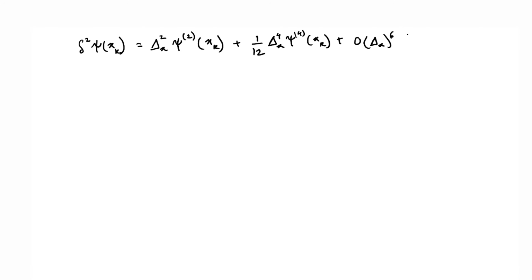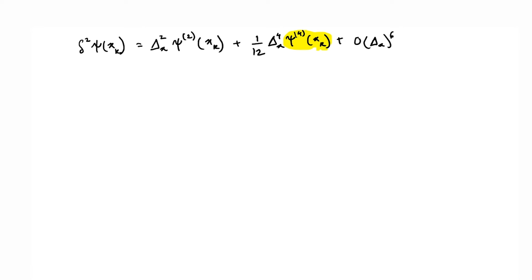Now, if you look at these expressions, what is unknown here is this term. We do not know the fourth derivative of my wave function. Okay. So, to evaluate it, we will again use the trick of the central difference.